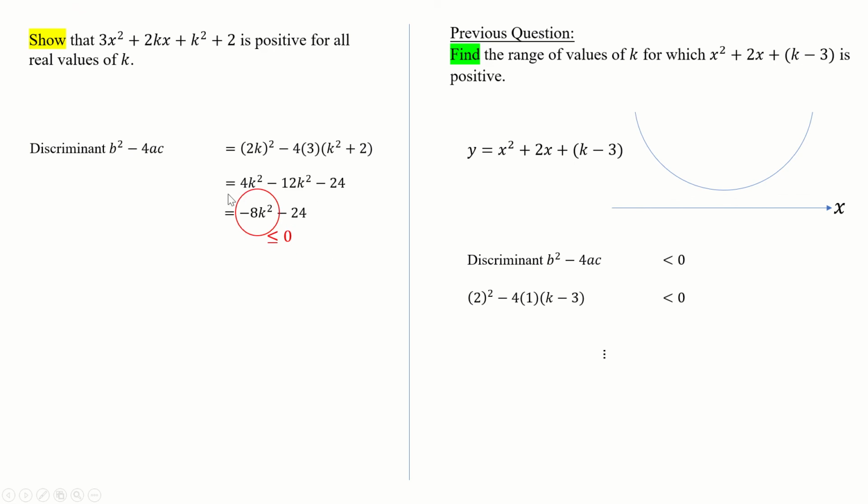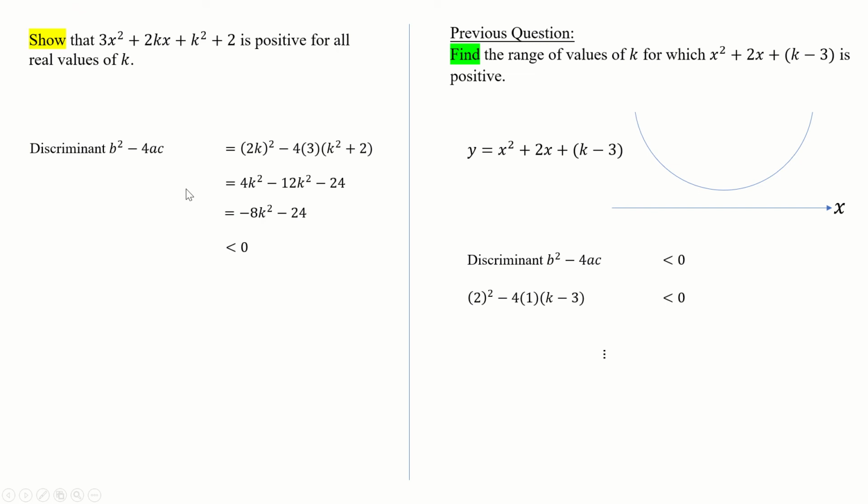This is a very crucial step, because once I have this, I can say that since k squared is greater than or equal to 0, minus 8k squared is always less than or equal to 0. And if I subtract 24 from minus 8k squared, then this expression, minus 8k squared minus 24, has to be less than 0.